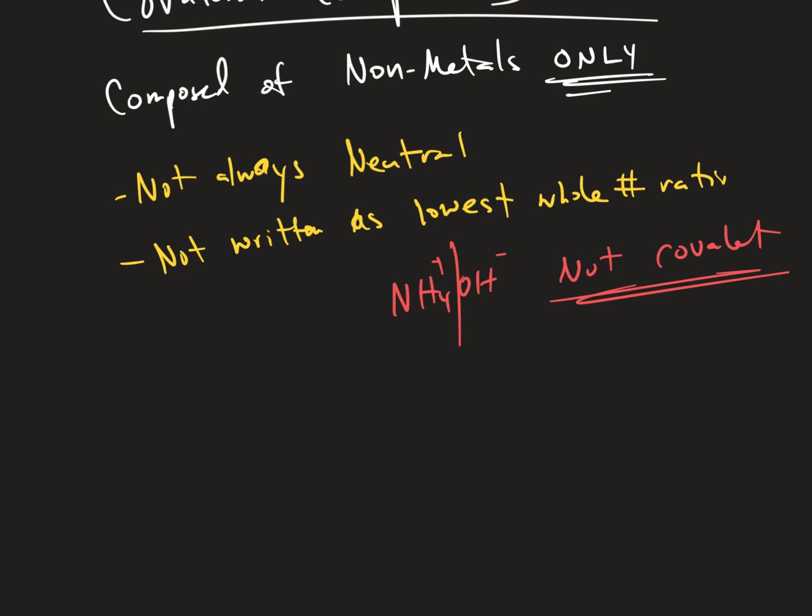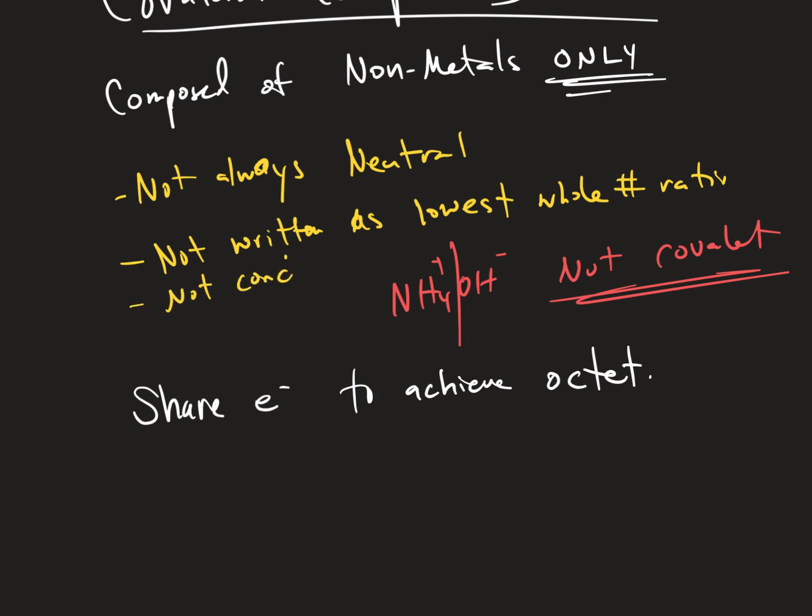Covalent compounds, on the other hand, share electrons to achieve octet. What's that? They're not conductive. Oh yeah, let's write that. Not conductive. Right, thanks. So they're kind of ionic compounds' opposites, right? Okay.